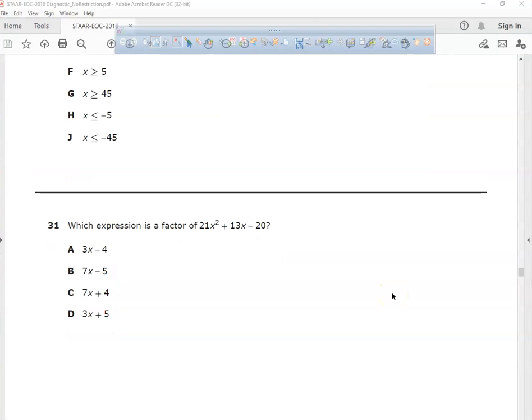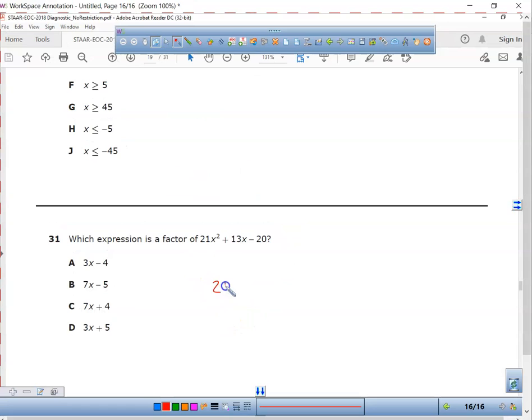All right, so the last question asks us to factor this. It's going to be the last one we do for the day, but 21x squared plus 13x minus 20. And what we're going to do is we're going to factor it. But we have to look at the factors of 21. And the factors of 21 are 21 times 1 and 7 times 3.